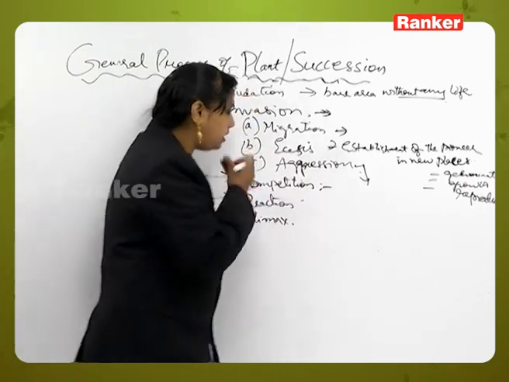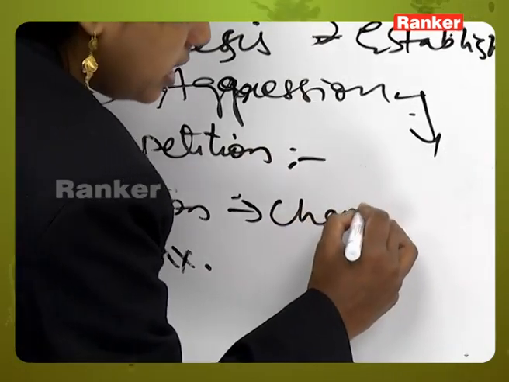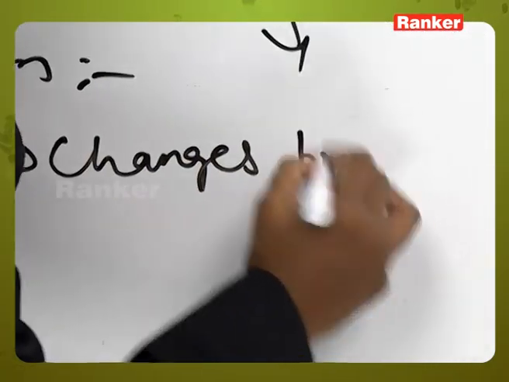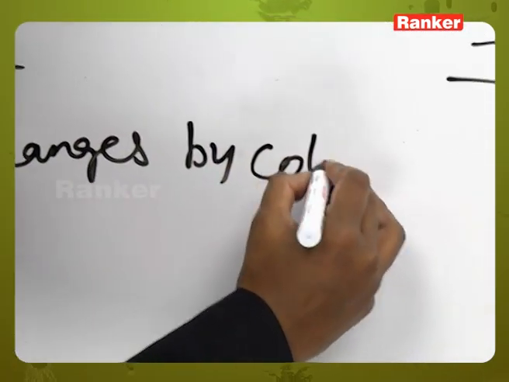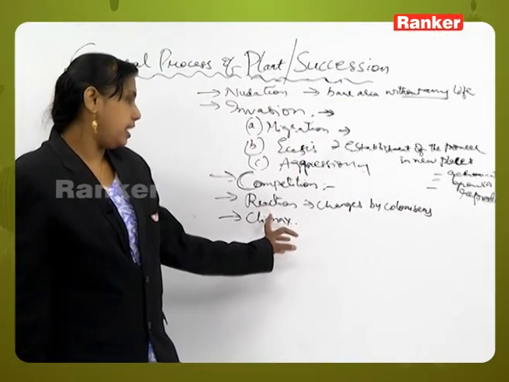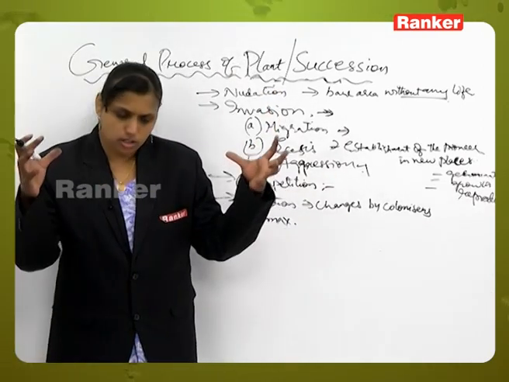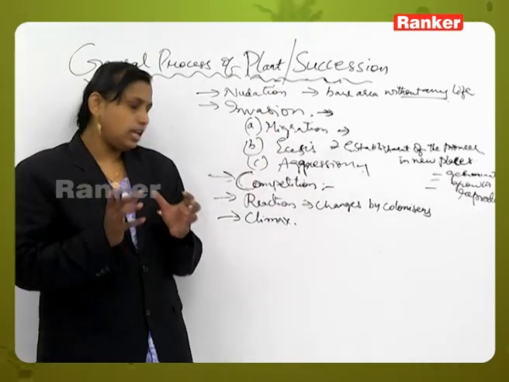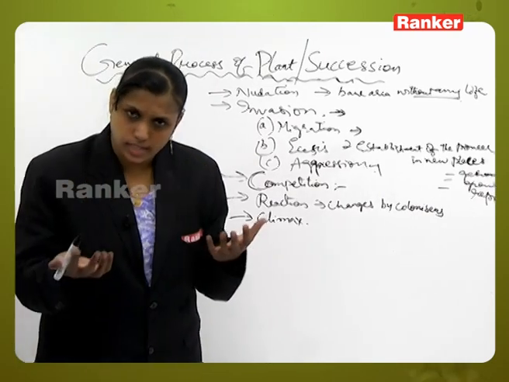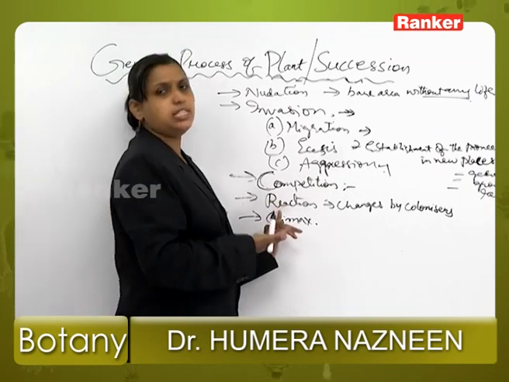Changes brought about by the colonizers in that area are called reaction. Any changes occurring because of the colonies in that particular area, during their process of growth, are called reactions.